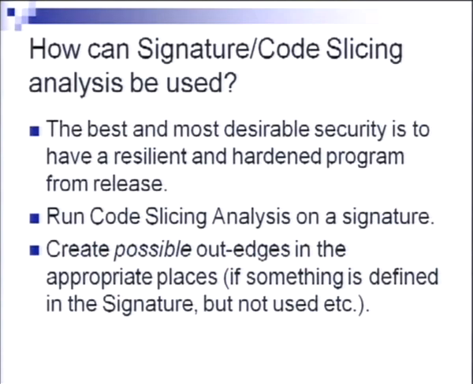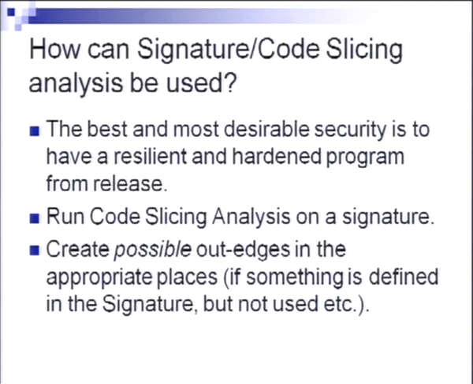The best and most desirable security is to have a resilient program from release. A lot of people want this. It's always going to be talked about, and it's an important thing to think about. Code slicing can help. Run code slicing on a signature itself, not on the binary, but on the signature.